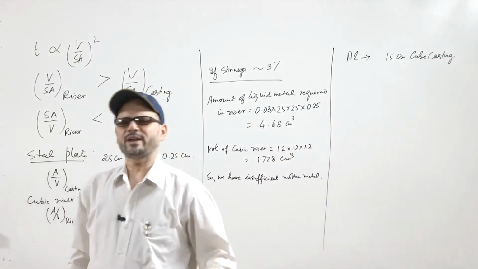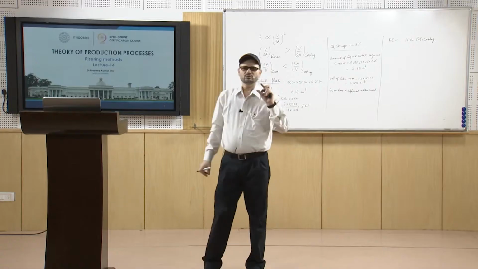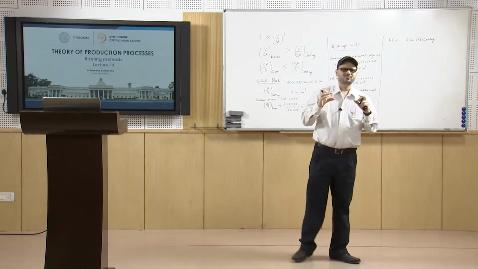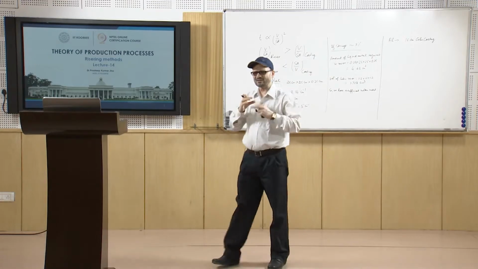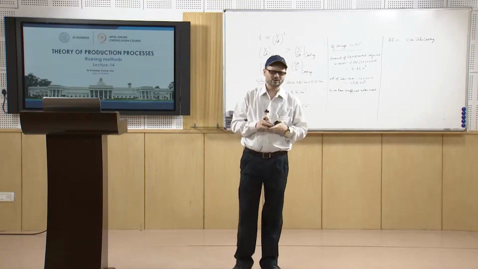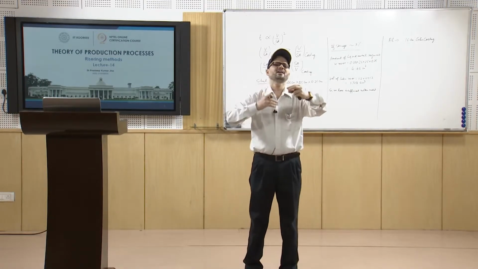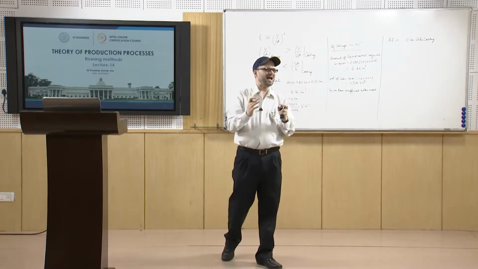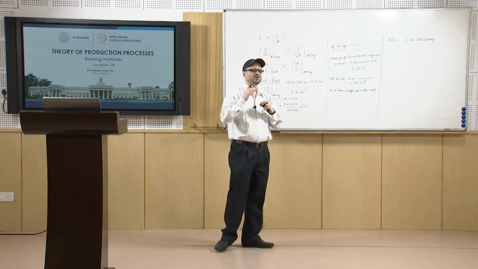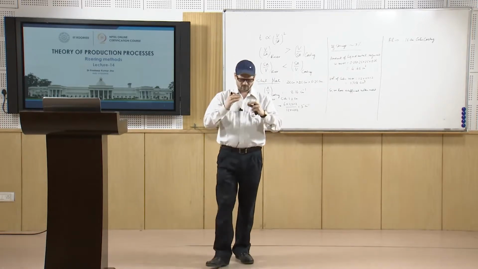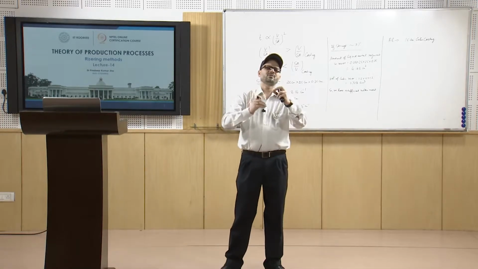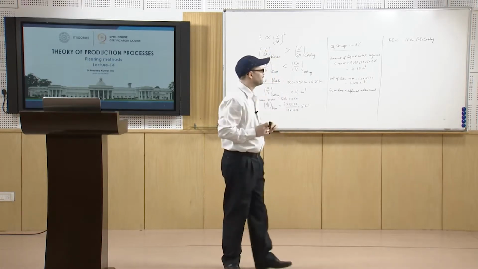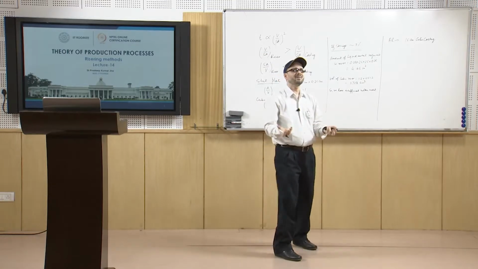And if you take the riser of cylindrical shape, you can find this V by A to be maximum, or A by V to be minimum. For a cylindrical riser, for what ratio of H and D will A by V be minimum, or V by A maximum?